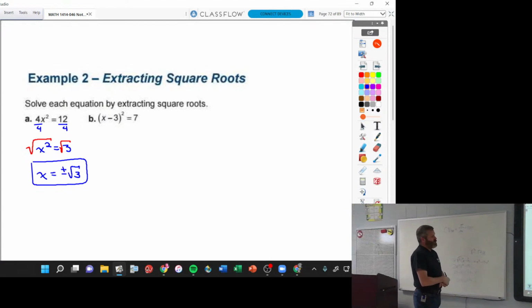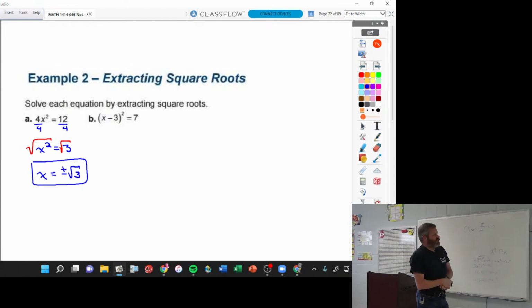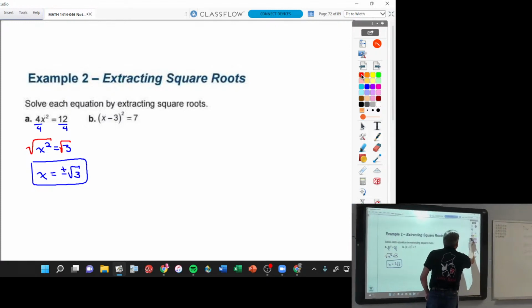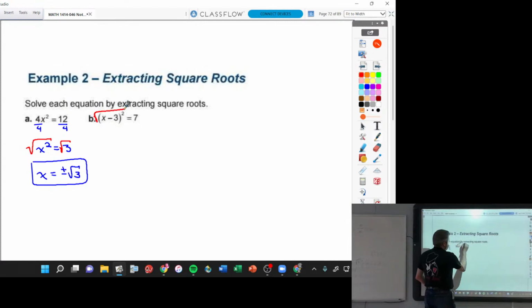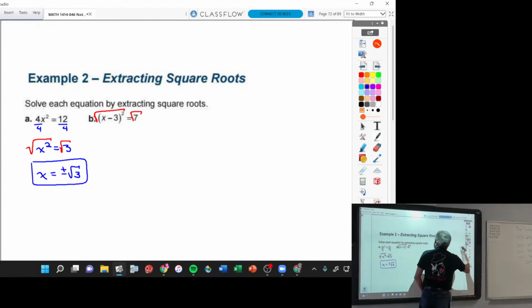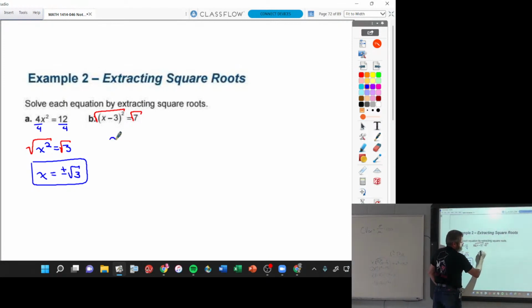Doing the same thing with part B. So it looks a little different here, and that's okay. Notice that x minus 3 is being squared, and that equals 7. I can take the square root of both sides of that. Because the square root of x minus 3 squared is going to be x minus 3.